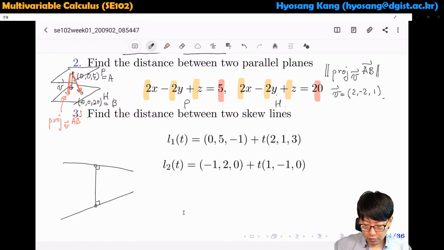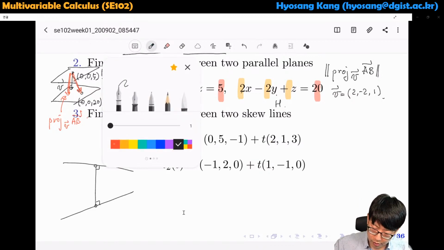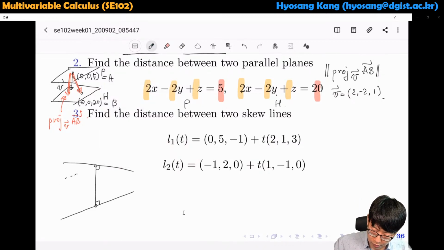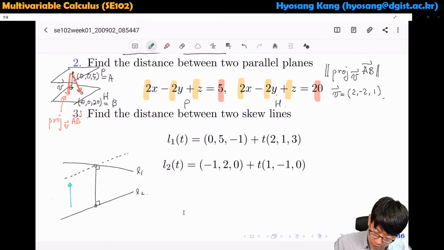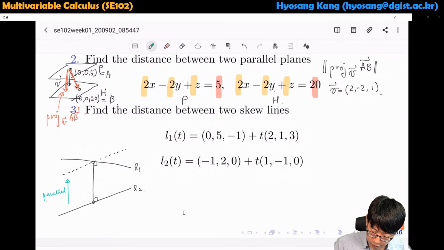So one way you can do this is by sending one line to the upper line. Let's say this is L1 and this is L2, and this dotted line is a parallel translation of line L2. Let's say this is L2 prime.